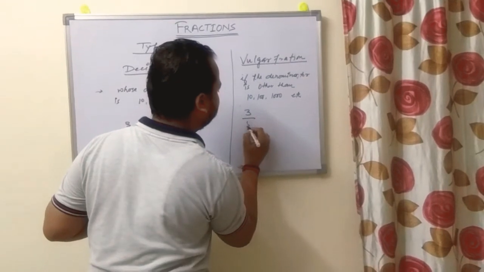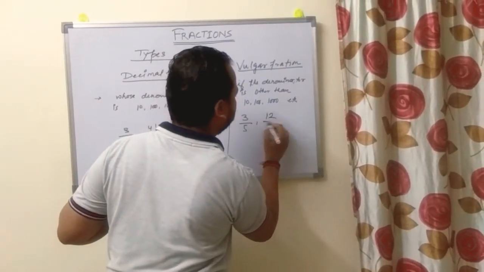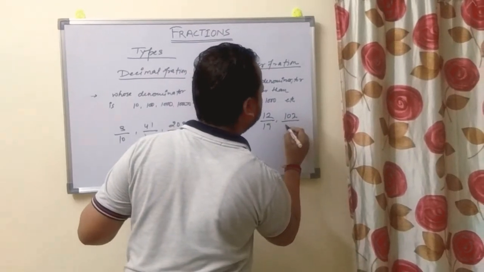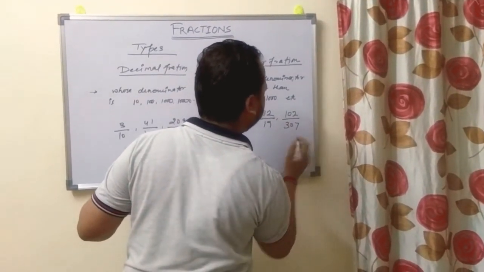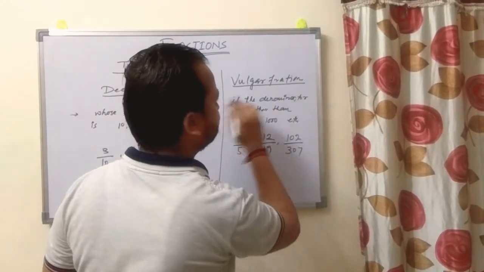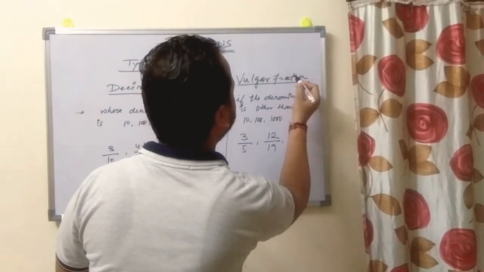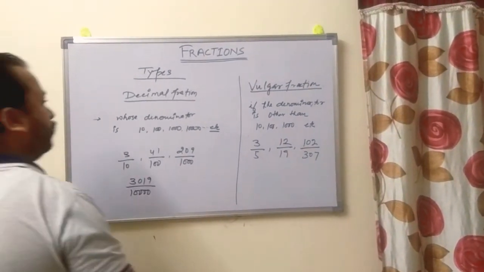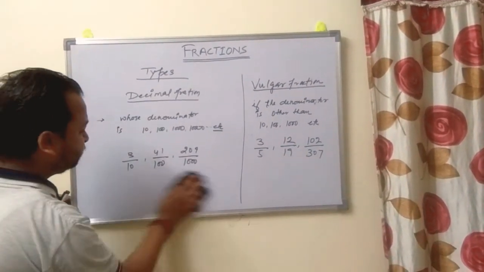Like 3 by 5, 12 upon 19, 102 upon 307. So these are known as vulgar fractions. Come to next part.